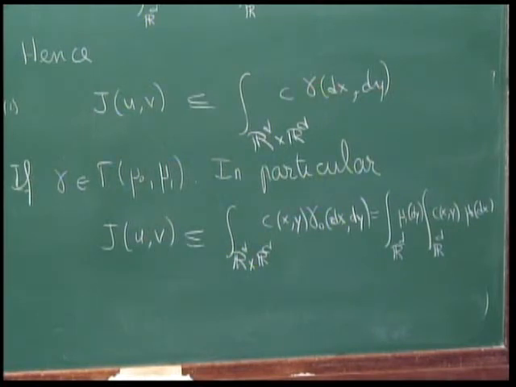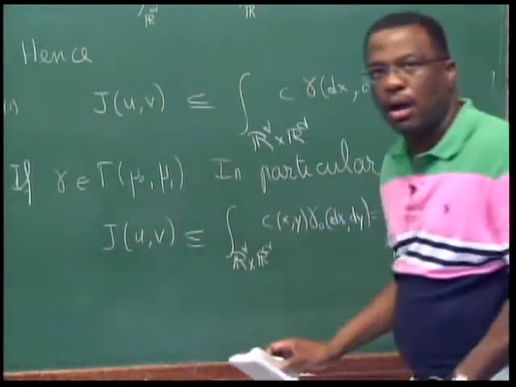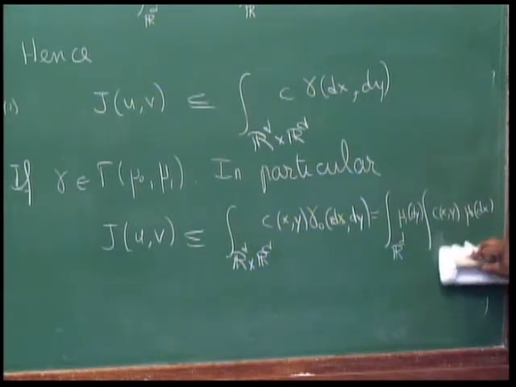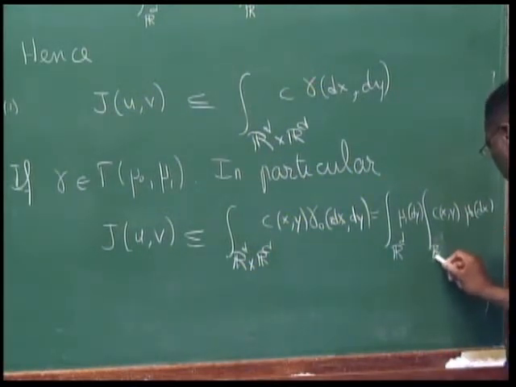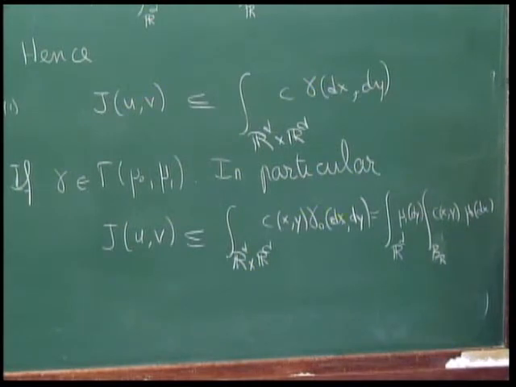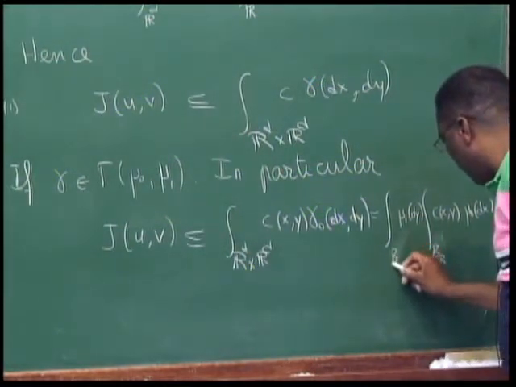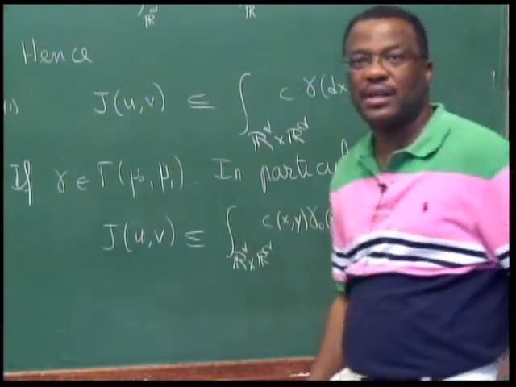So I am using Fubini's theorem. But mu naught is 0 outside the ball of radius r. Mu 1 is also 0 outside the ball of radius r.